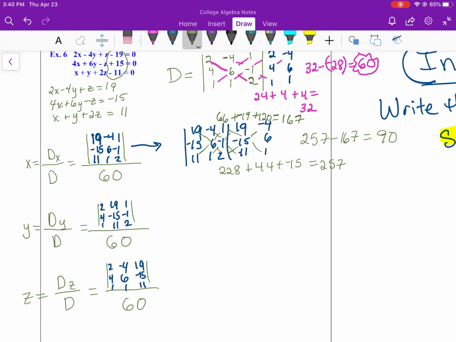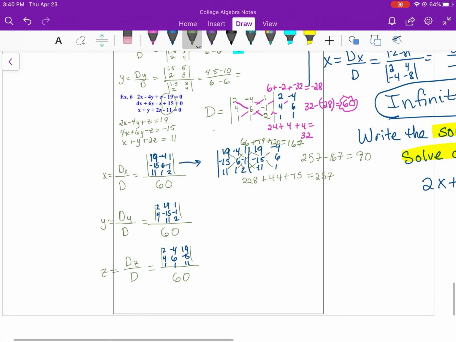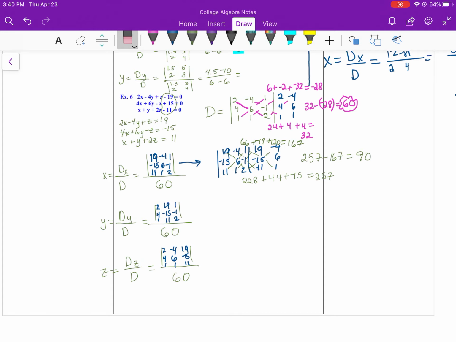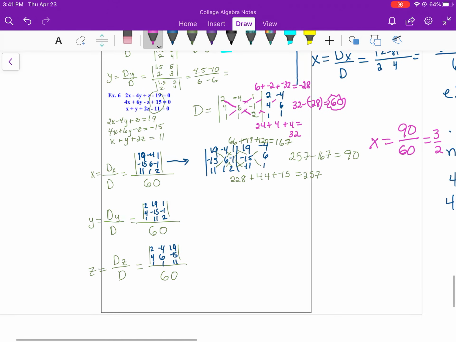Okay, so from there, I'm going to erase all this extra work from the previous part so it's not in my way. All right, so if I'm finding x, dx is 90, d is 60, and I divide there and I get 3/2. So there's my x.